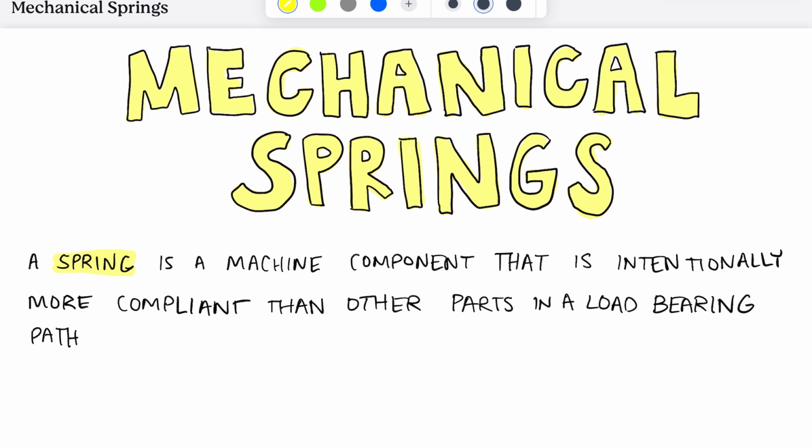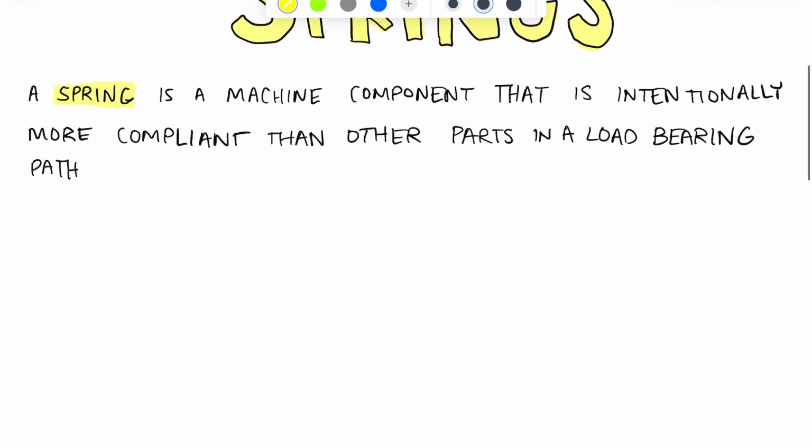So at this point in class, I typically ask students to look around and try to find some different springs. They're used in our everyday lives all the time. And the most often first thing that students will find is a compression spring.